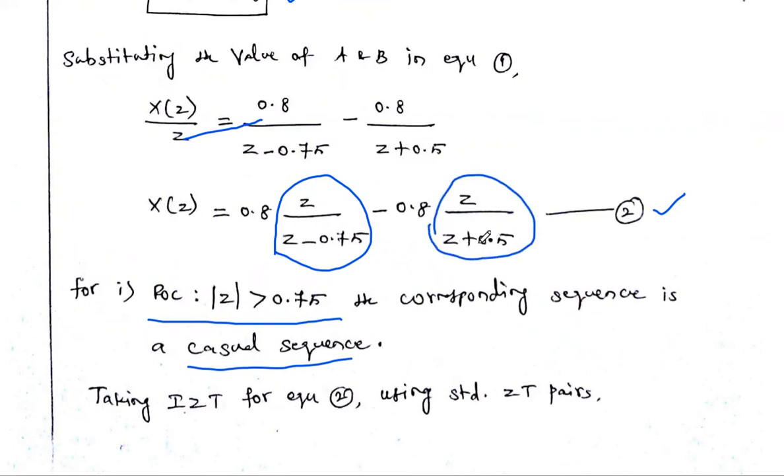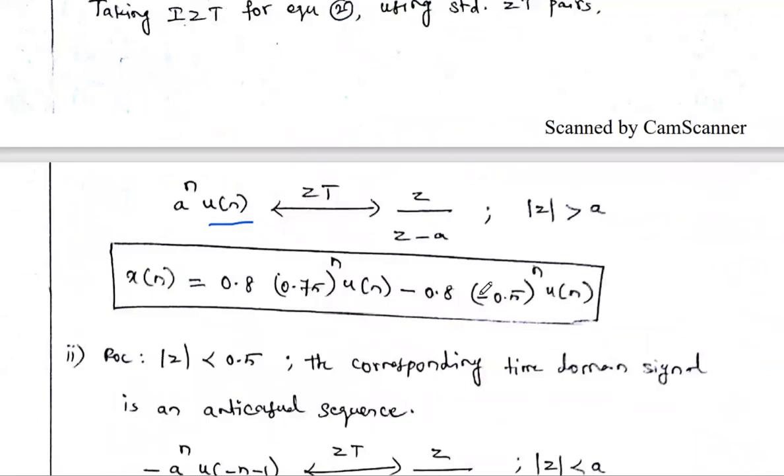Here this plus 0.5 can be written as z minus of minus 0.5. So z by z minus of minus 0.5 has the inverse z transform value minus 0.5 to the power n u of n. So we got the answer. This is the inverse z transform of the given capital X of z under the condition that modulus of z is greater than 0.75. So this is one signal.